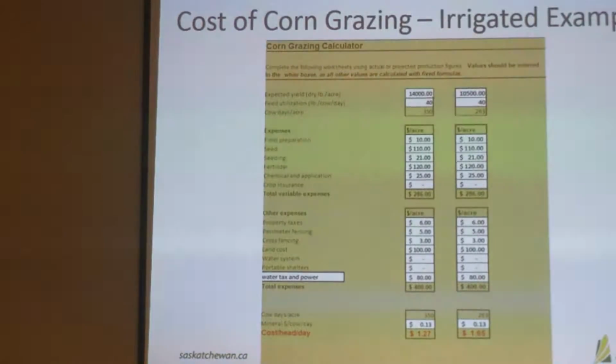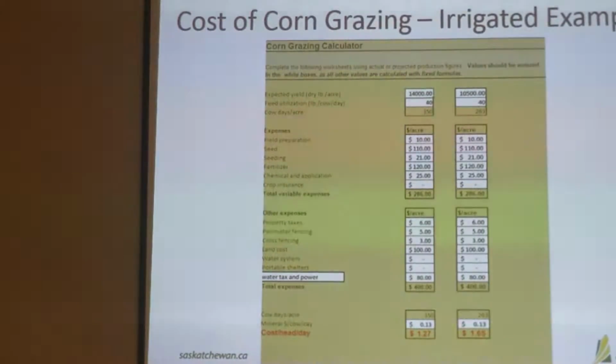Some other things that we need to think about when we're calculating our costs that we don't always add in, but we should be: property taxes, about $6 an acre. For grazing, we need to put a value on our fencing, so perimeter fencing at about 5, cross fencing at about 3. And here's the big one that people tend to forget when they're figuring out their costs, their land costs.